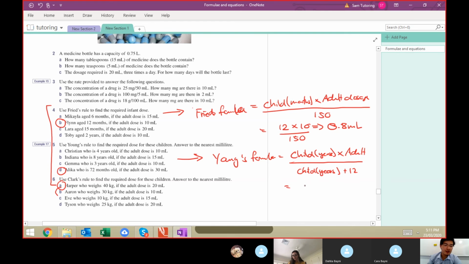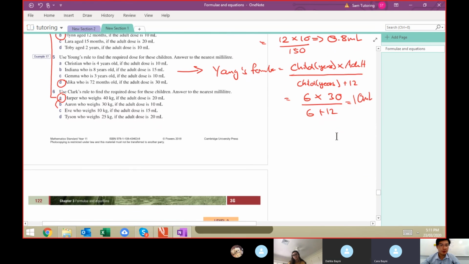It's just tricks in what the question's asking. So 72 divided by 12 gives you the years. Gives you 6 times adult dosage, which is 30, all over 6 years again, plus 12, and you're done. 6 times 30 over 18 gives you 10 mils for the child's dosage.